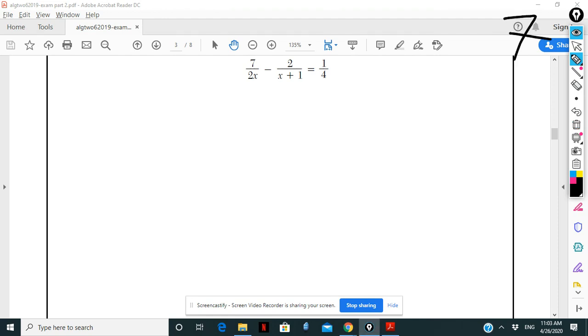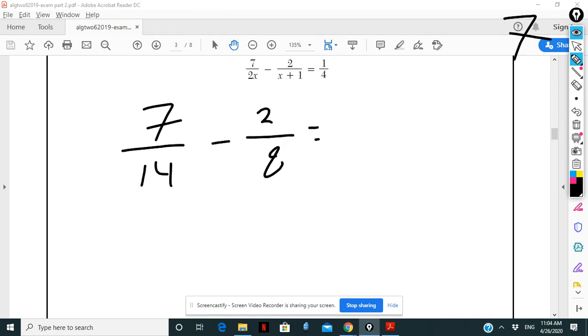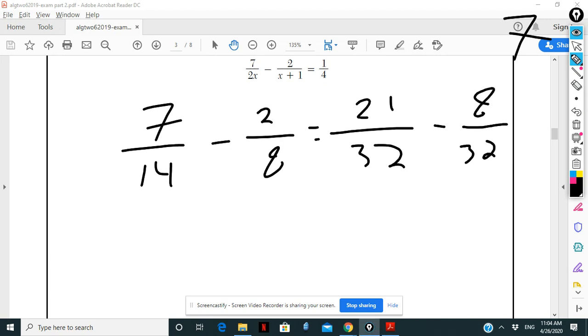Now I'm checking for 7. 7 divided by 14 minus 2 divided by 8. I think I made a mistake, okay, wait.